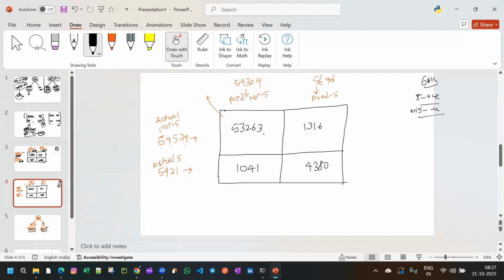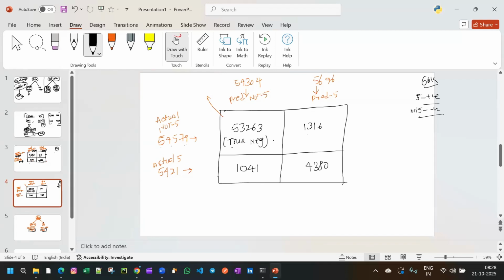Since these are negative predictions, meaning not-5 predictions, which are correct, I can say the word true negatives. So this is a negative prediction which is correct. Is that clear so far? Understanding this number meaning is clear?